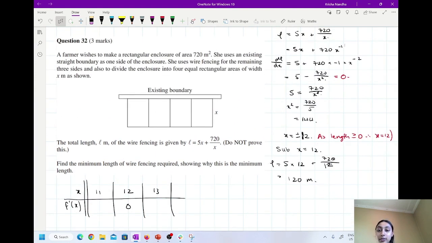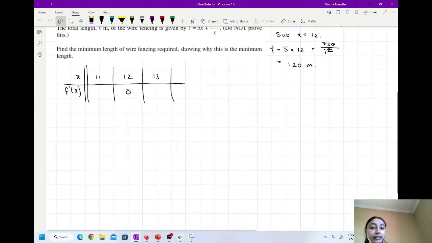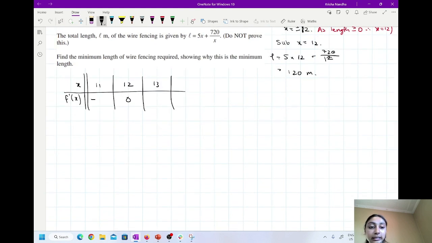The derivative is 5 minus 720 on 12 squared, which is 0. Now we substitute 11 instead of 12, and that is minus 115 on 121. Then we substitute 13, which is 125 on 169. So it decreases and then it increases.